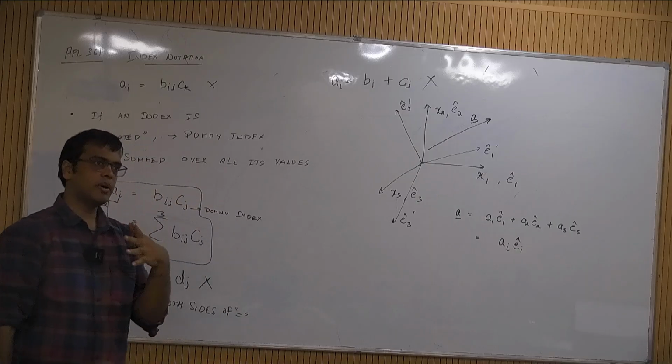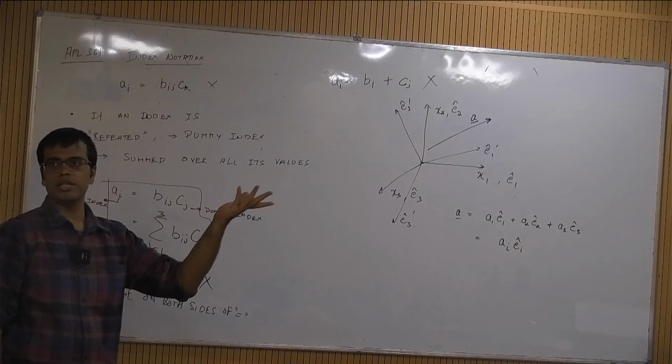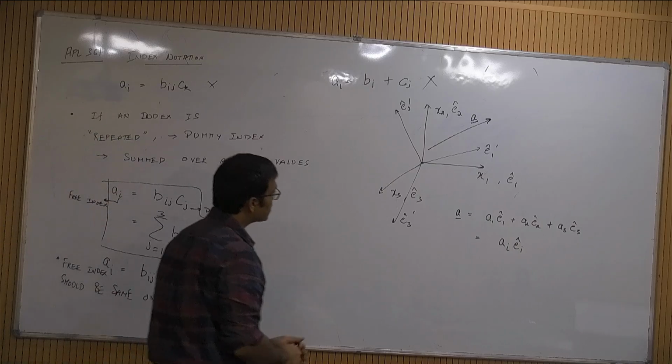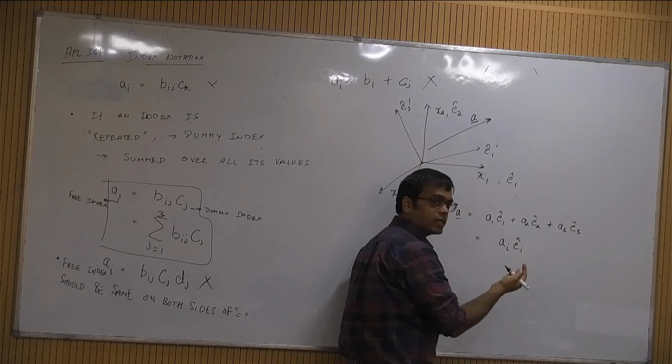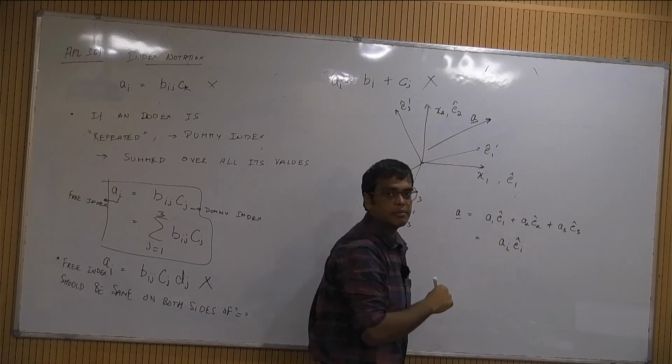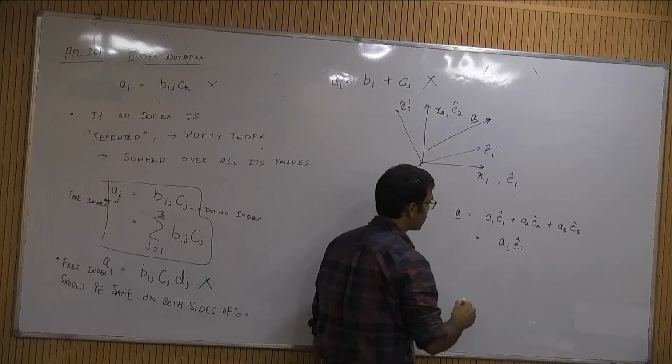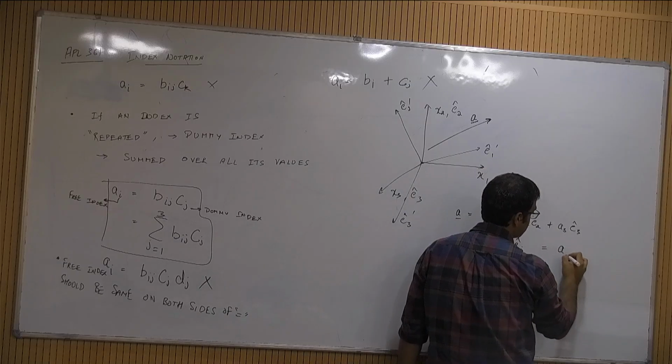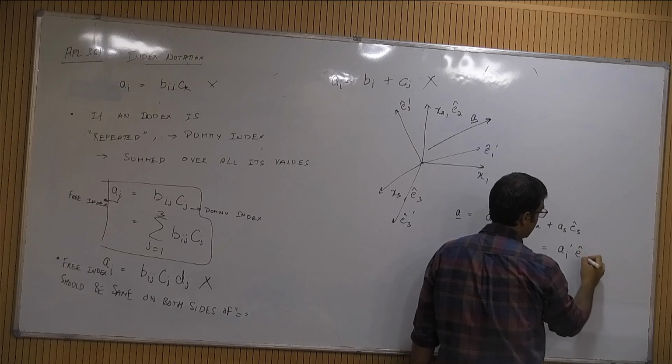I am expanding the vector along the basis e hat i. I can similarly expand the same vector along the basis e hat i prime. I can write it as some a i prime e hat i prime.